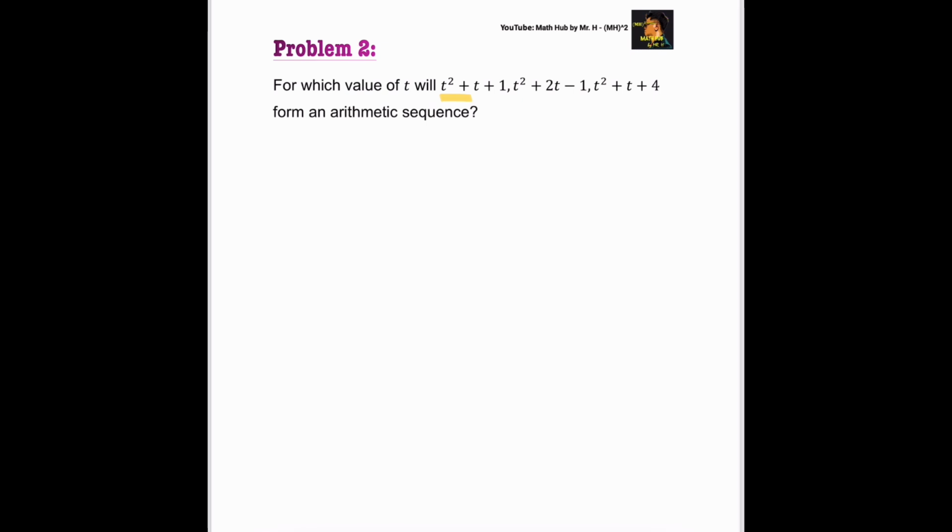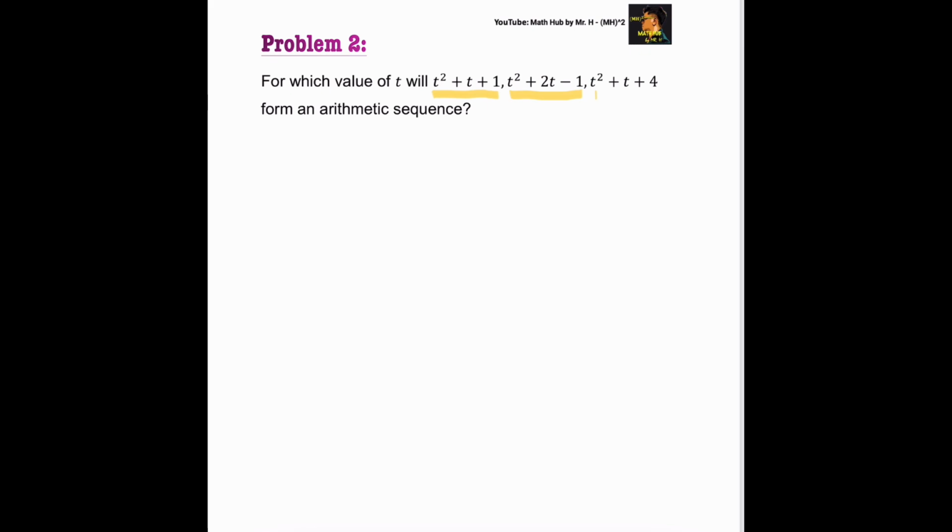This is the first trinomial that represents a term, second, and third. For this question, you need to recall the role of common difference. Basically, it's asking us to find the value of t in which these 3 terms will form an arithmetic sequence, right?